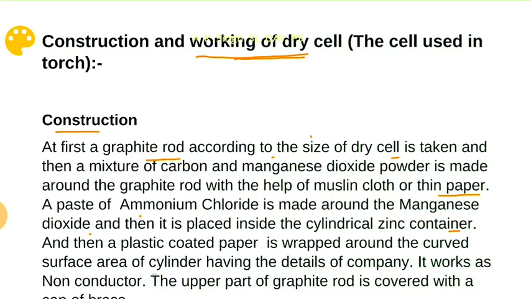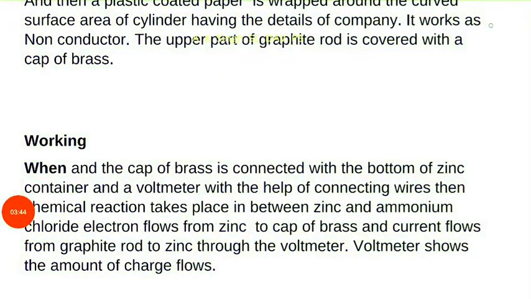It acts as a non-conductor, and the upper part of the graphite rod is covered with a cap of brass, and the rest of the zinc container is filled with ranga, meaning a mixture of tin and lead, and then a foil of plastic is also added to cover the upper part of the cylinder, and that is the construction.